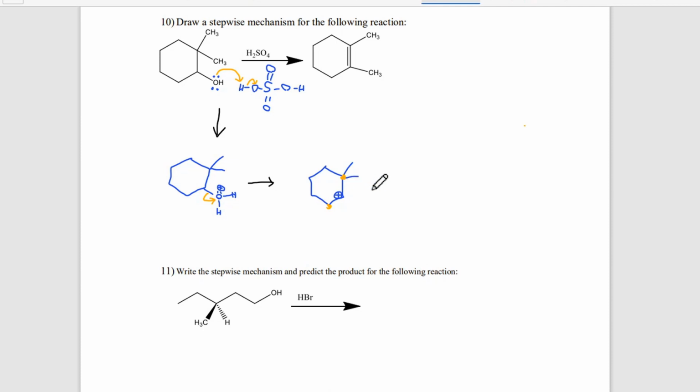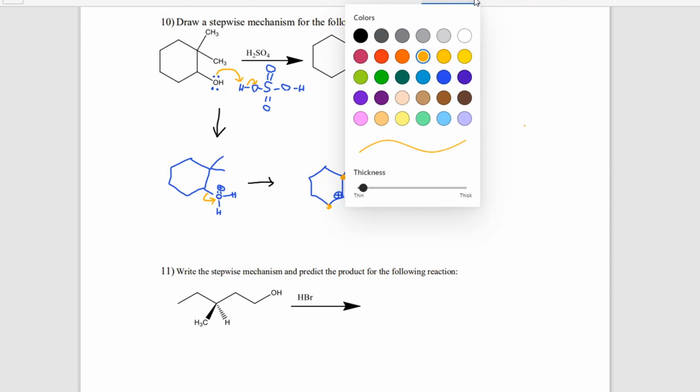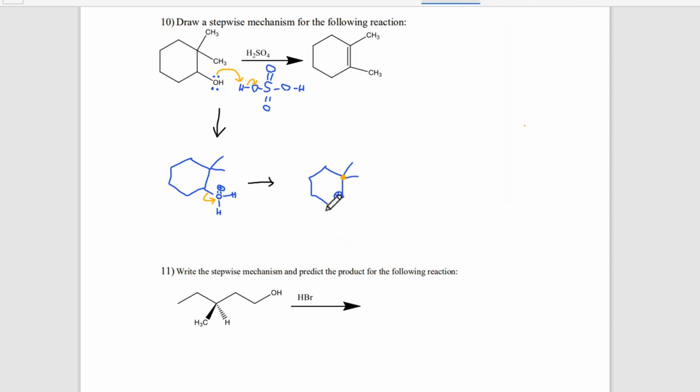Quaternary. Yeah, quaternary. Very good. So which will the secondary carbocation switch with? Probably the bottom one. Not the bottom one. That would just be like a secondary to a secondary. That's like taking that TV back to the store and then buying it somewhere else for the same price. Yeah, you could do it, but what's the point?